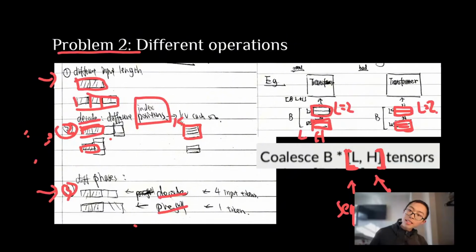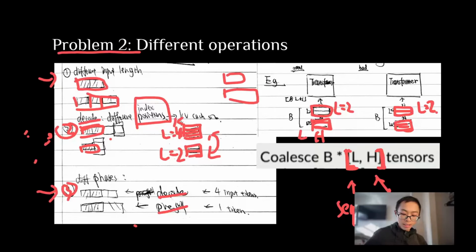The first request already processed 4 tokens, so the K matrix is of length 4, L equals 4. And the second request is only on its second token, so only 2 tokens processed, so the K has a length of 2. Therefore, we can't group those 2 different length matrices together, and that's why when we do scheduling, if we have different inputs, different requests, we can't group them together.